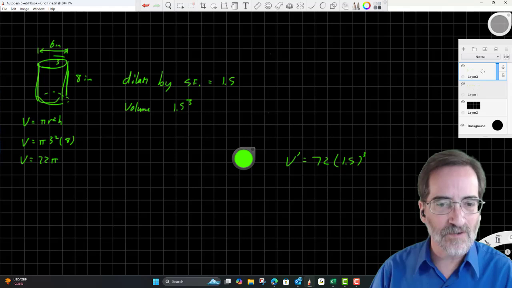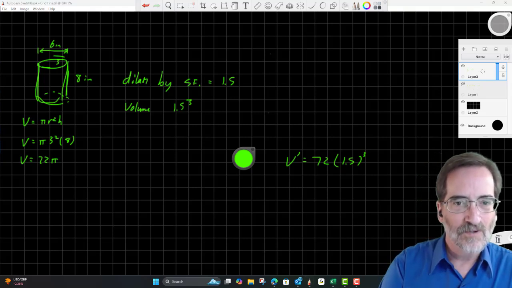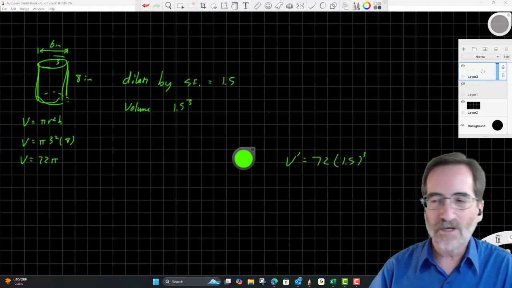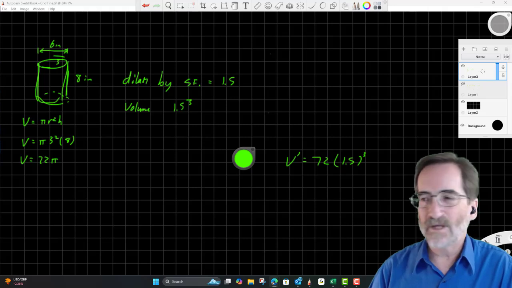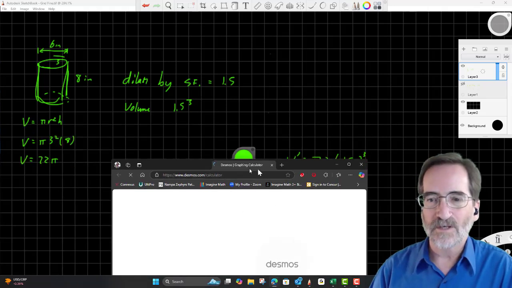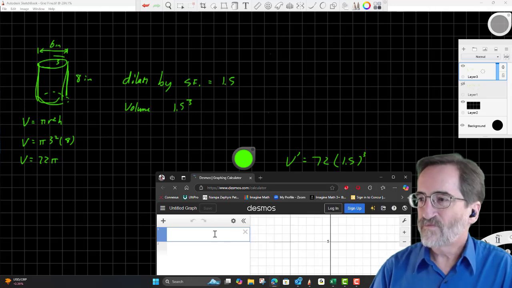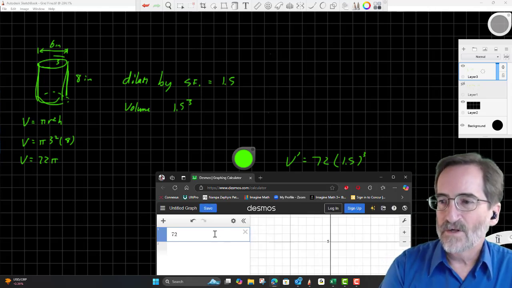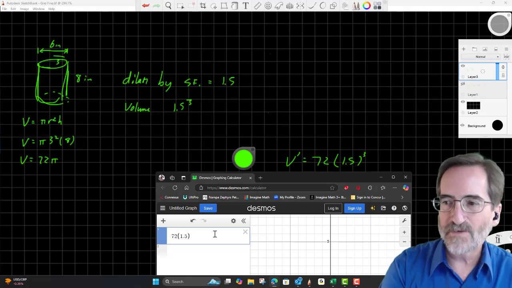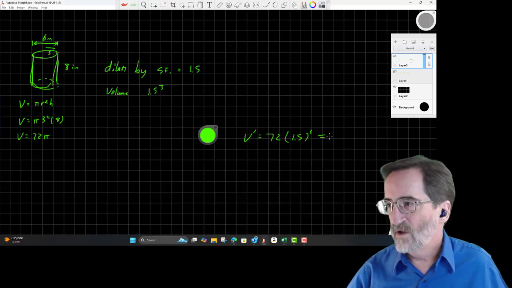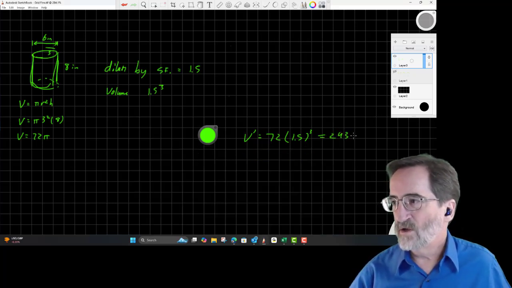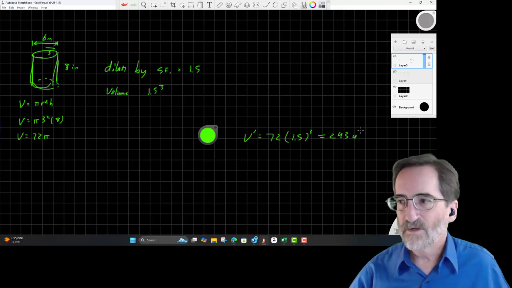Time to bring up Desmos. Desmos.com/calculator. And again, just a reminder, you are encouraged to use Desmos on tests and quizzes and quick checks. Okay, 72 times 1.5 to the third is 243. 243 cubic units.